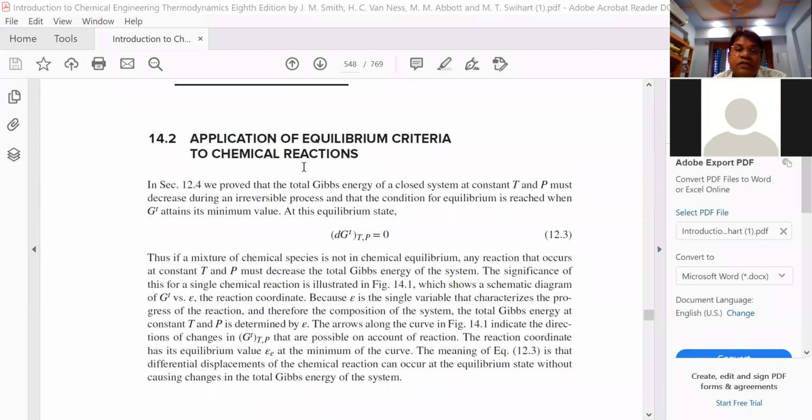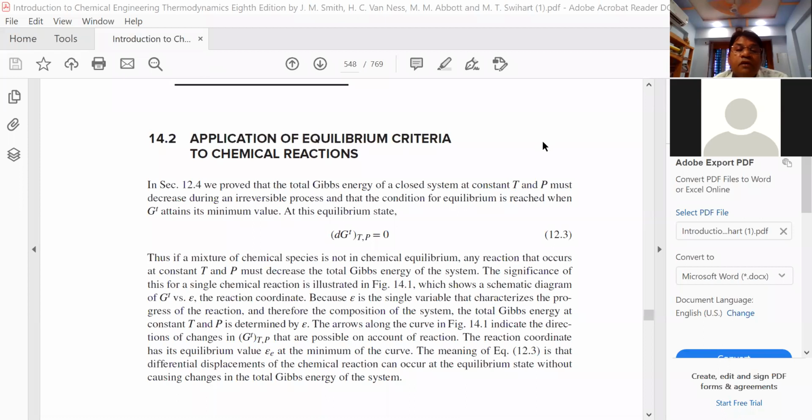At what condition the chemical equilibrium happens, or how we express mathematically the condition of equilibrium, and from this condition of equilibrium we will relate that to equilibrium constant. Then after that, equilibrium conversion.